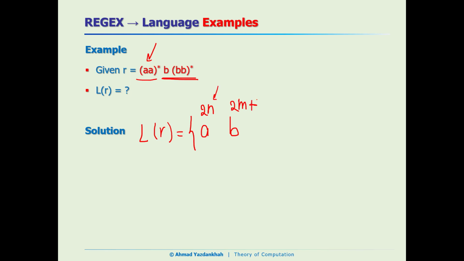We need to use another dummy variable here, right? Because this star and this star do not guarantee that they are equivalent. Agree? Okay, such that n is greater than or equal to 0 and m is greater than or equal to 0.